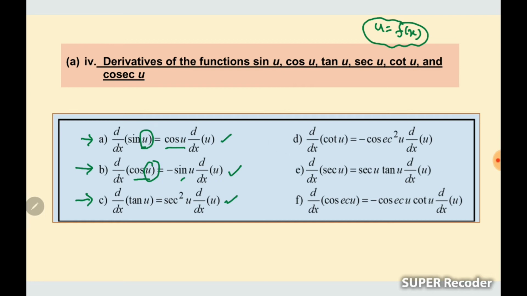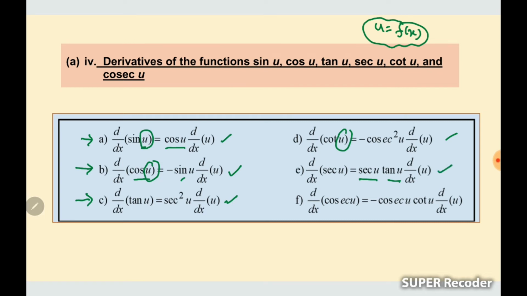The same method we apply for cotangent, secant and cosecant. Differentiate cotangent u, like the previous formula, the answer is negative cosecant squared u. Then you need to differentiate u, d dx u. Differentiate secant u, the answer is secant u tangent u.